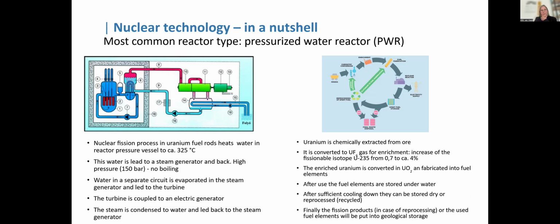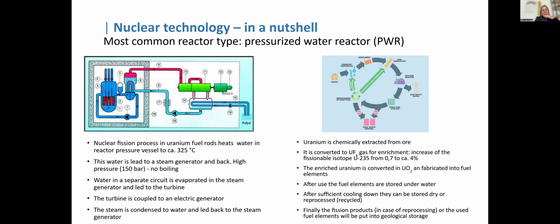Then on the left, about the fuel. This is a so-called fuel cycle. Uranium is chemically extracted from the ore. Then it has to be converted into a uranium fluoride gas for enrichment. That means the increase of the fissionable isotope uranium-235 from 0.7%, as it occurs in nature, to circa 4%. And then the enriched uranium is converted into uranium oxide and fabricated into fuel elements.